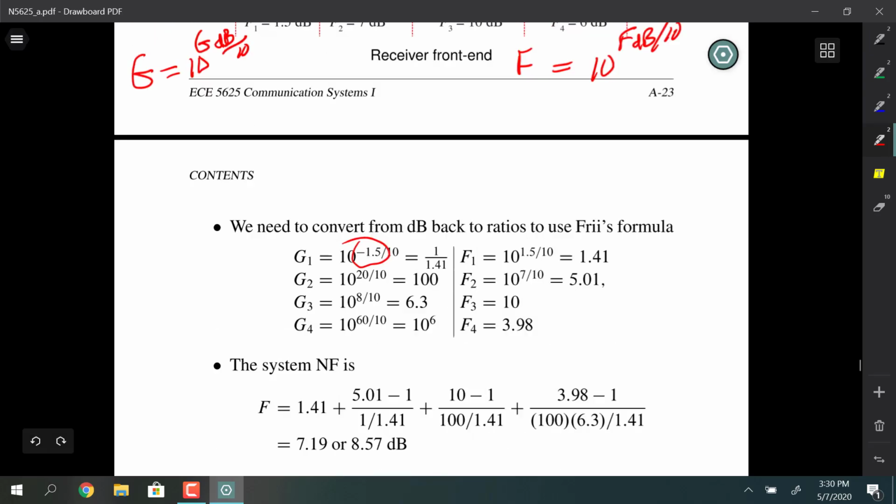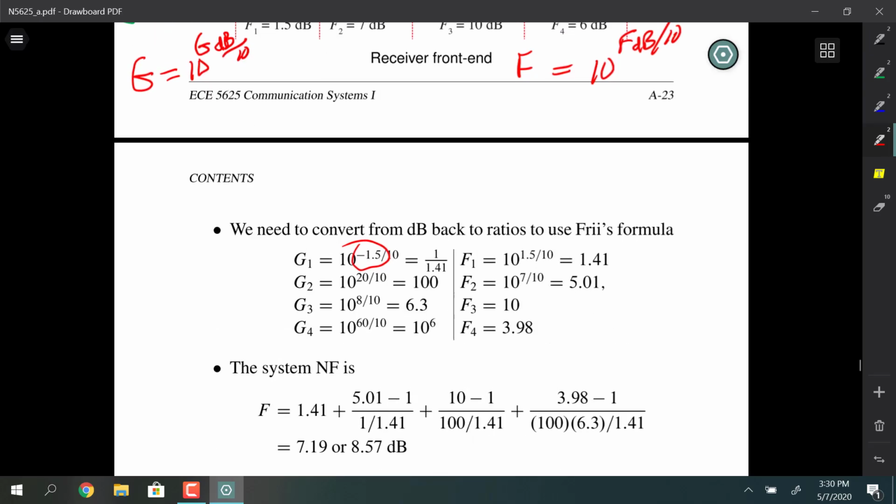And then the noise figure is identical to the attenuation, because that was what we showed on the previous page, that an attenuator and the noise figure associated with it are identical. So we take 10 to the 1.5 over 10, which gives us the noise figure for the attenuator as a ratio, 1.41. And then so on for the rest of the components, just working down, converting everything to ratios.